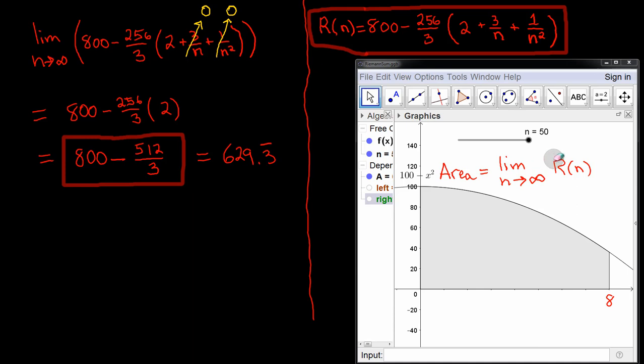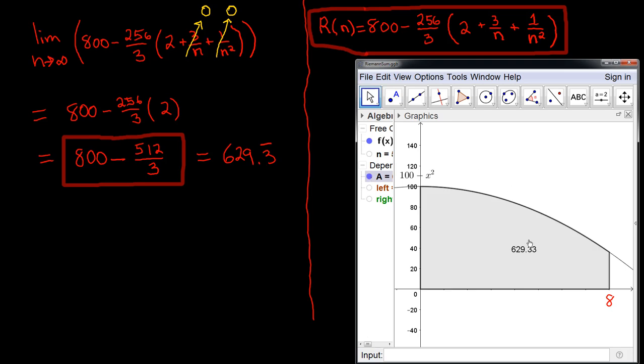Does GeoGebra agree with us? If I ask GeoGebra to tell me what the area under this curve is, it says 629.33. And that is exactly what we found doing this.